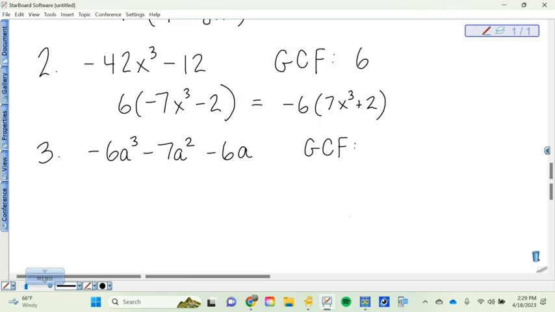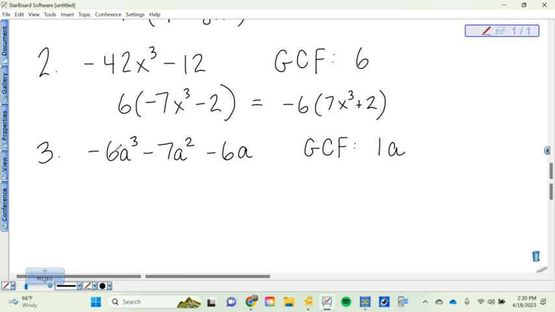There's no number, because 6, 7, and 6 have a greatest common factor of just 1. So I could just put a 1. But then they all have an a that I could take, right?